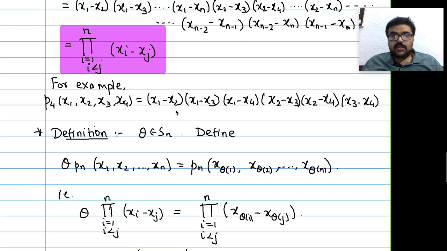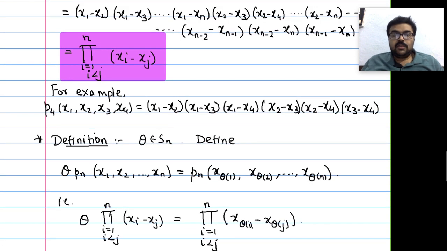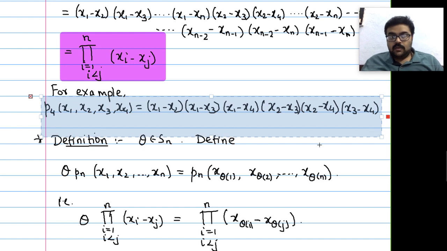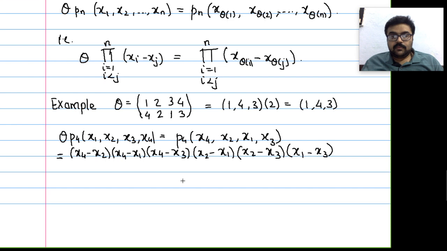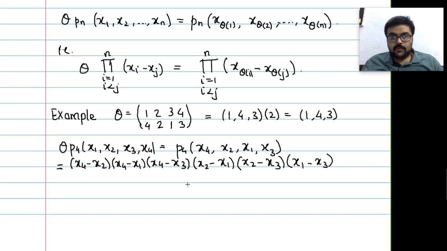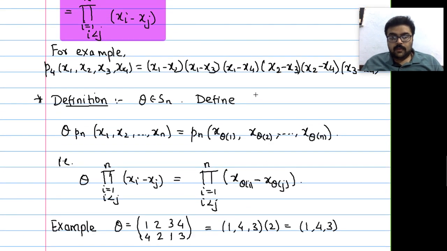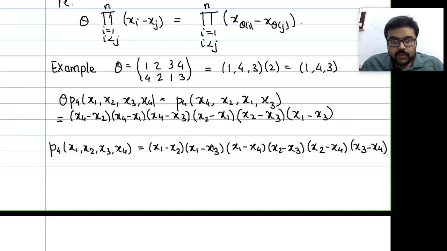Let me copy this and let us compare what has happened. Okay, so this is theta P4 and P4. I have written both of them, and now we can compare.